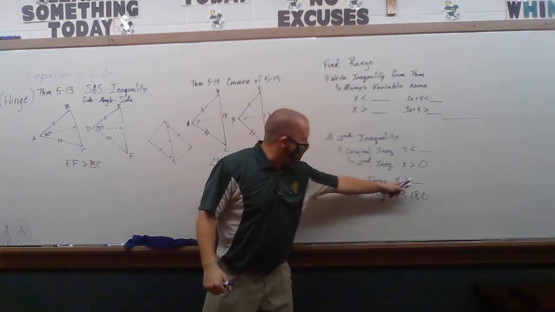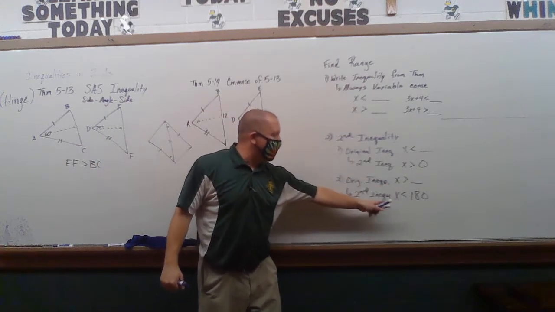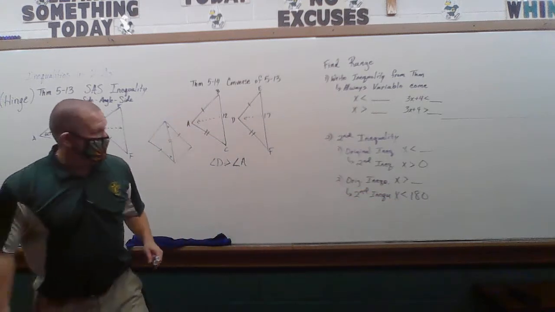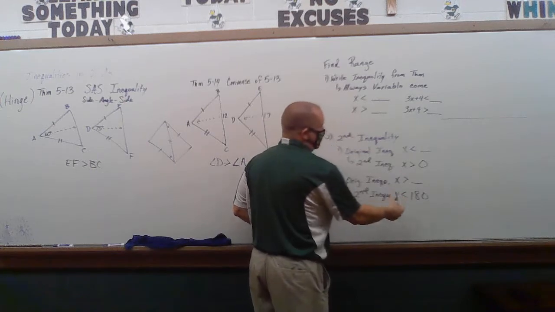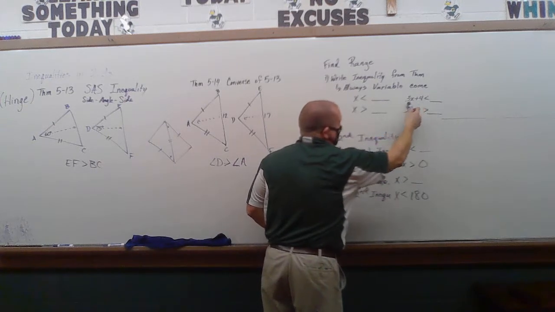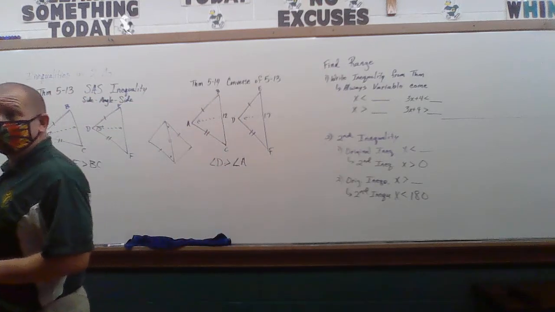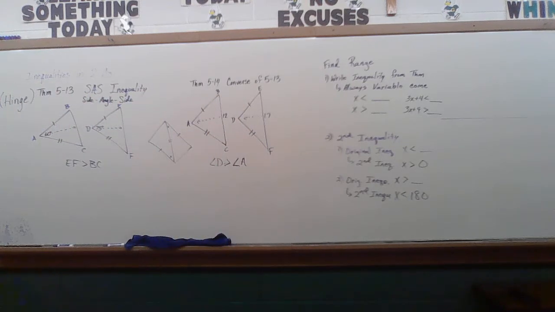If the first one says x is greater than, I have to always write x is less than 180. And again, that x is just saying the variable part. So if we had this as our quantity, we would put that whole quantity into that inequality. We would solve both of them and then write a compound inequality for our answer. Okay?